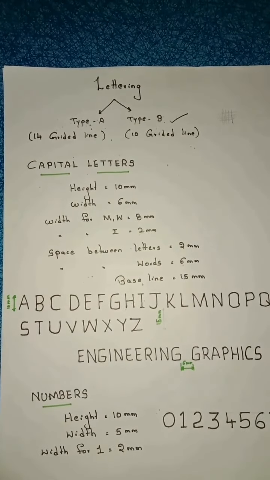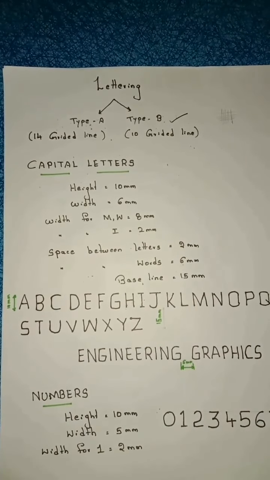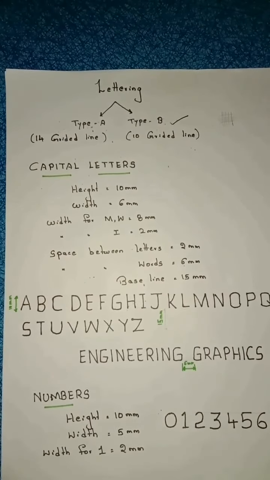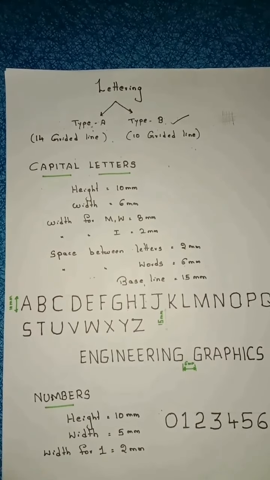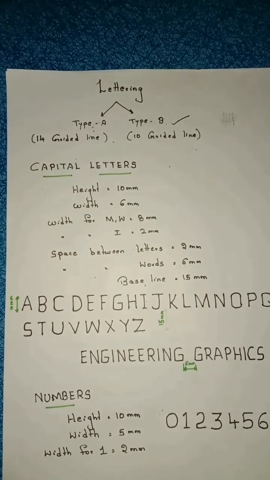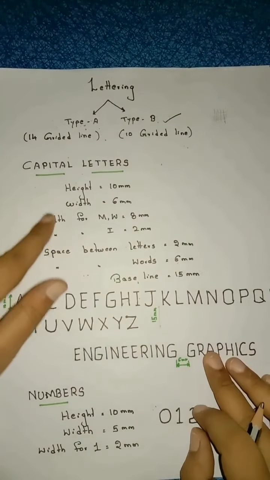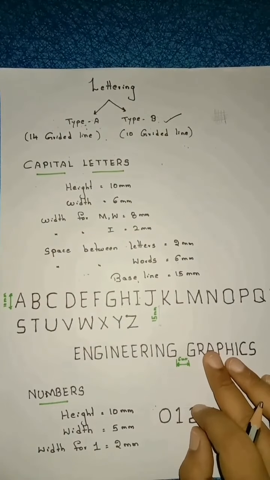Only when writing units do we use small letters. Only for units small letters. Whatever you are writing from unit 1 to unit 5, you should write in capital letters only, following all these rules and regulations, right?